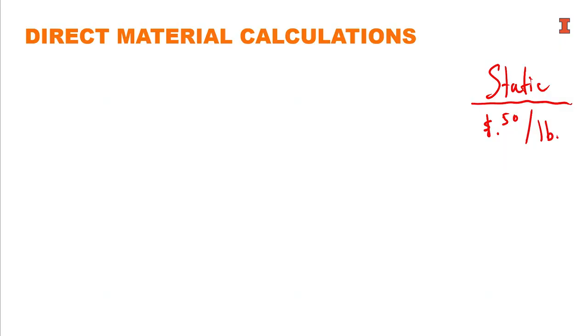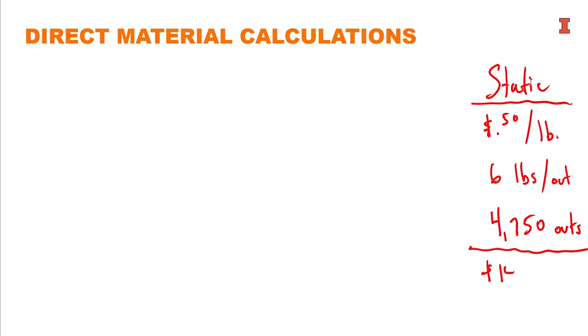The standard input per output was 6 pounds per output unit. And at the beginning of the period, we estimated that we were going to produce 4,750 units of output. When we multiply those 3 components together, we get the total direct material spending static budget. And that total is $14,250.